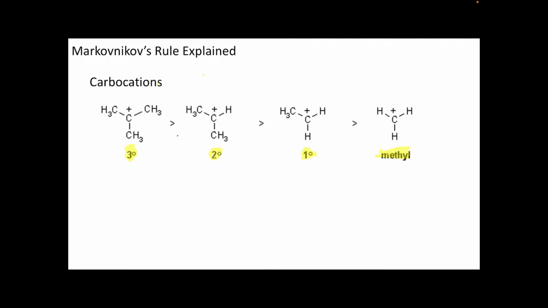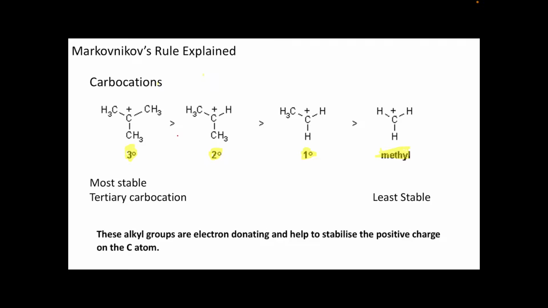Now, these have different stabilities. The most stable carbocation is the tertiary one, and then they become less and less stable. Why is this? Well, the presence of alkyl groups, so I'll show you what I mean by an alkyl group, they're full of electrons, and they help to stabilise the positive charge on the carbon atom.